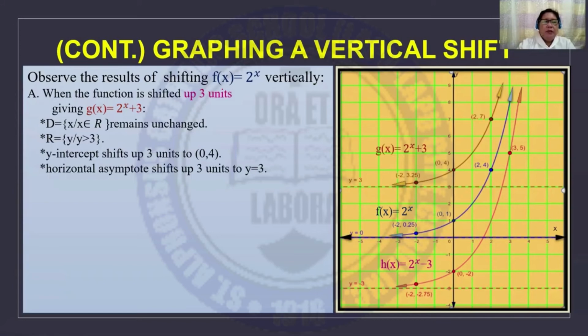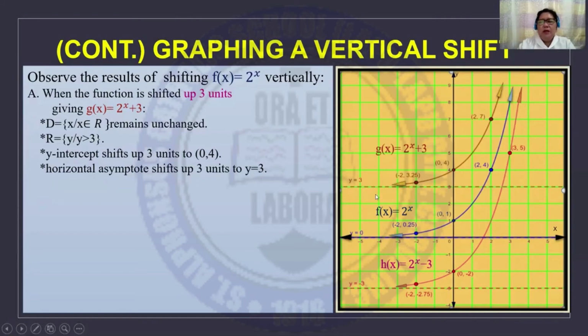But for the range, we have the set of y such that y is greater than 3. The y-intercept shifts up 3 units to (0, 4). From here, 1, 2, 3, so at (0, 4). The horizontal asymptote shifts up 3 units to y is equal to 3.